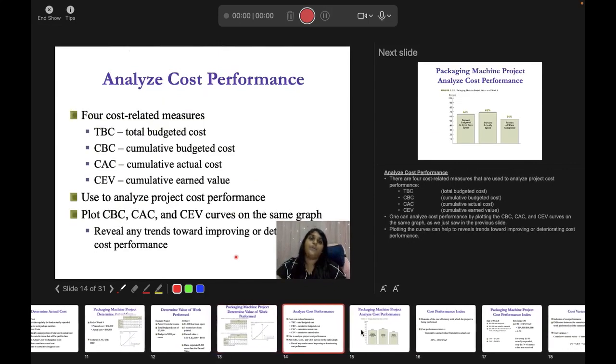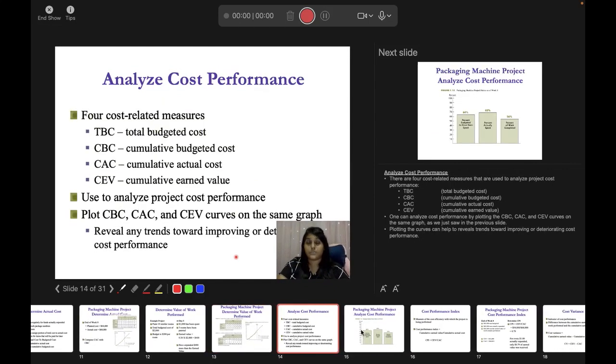Now when you want to analyze your cost performance, your earned value, to see if it goes over the budget or under the budget, you have 4 cost related measures: total budgeted cost, cumulative budgeted cost, cumulative actual cost, and cumulative earned value. They are used to analyze project cost performance.